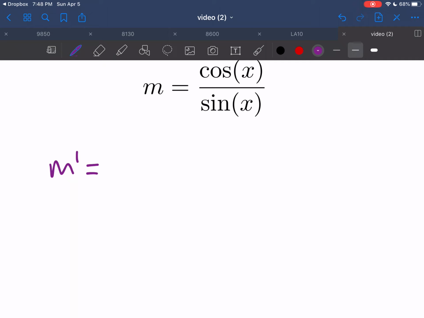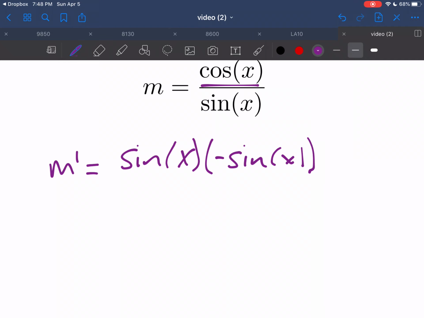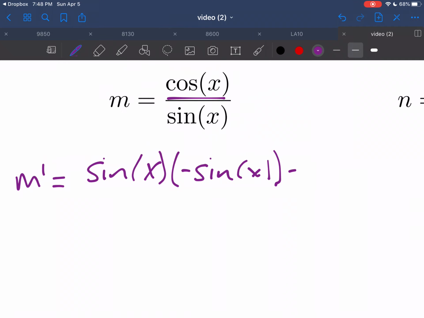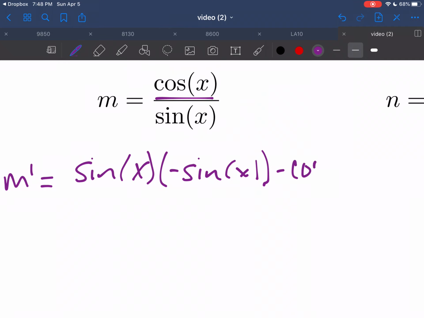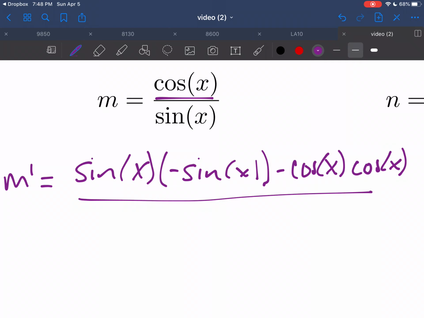So the original bottom times the derivative of the numerator, so the derivative of cosine, which is going to be negative sine, minus the original top times the derivative of the denominator, so the derivative of sine will be cosine, over the denominator squared.